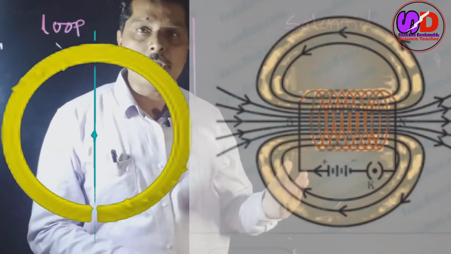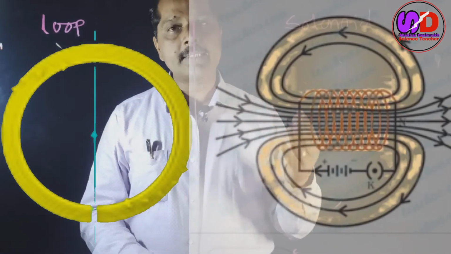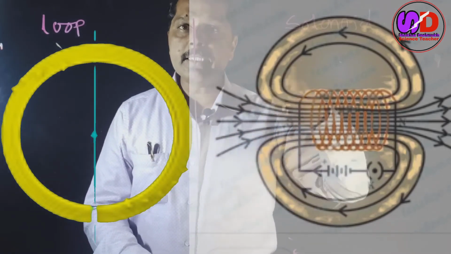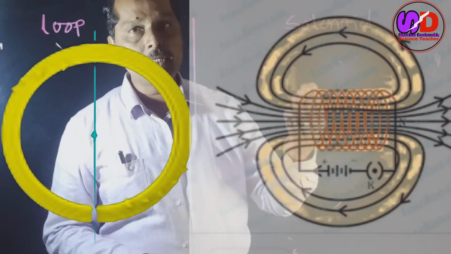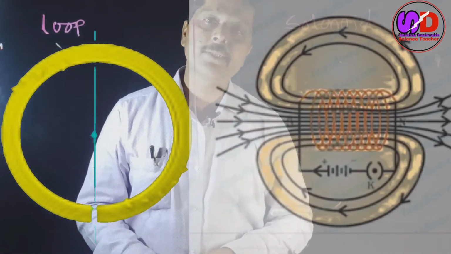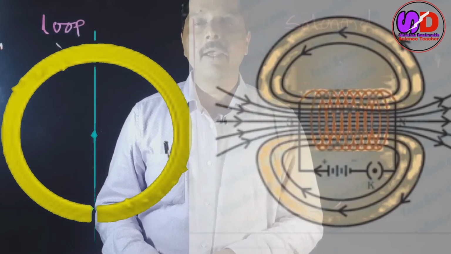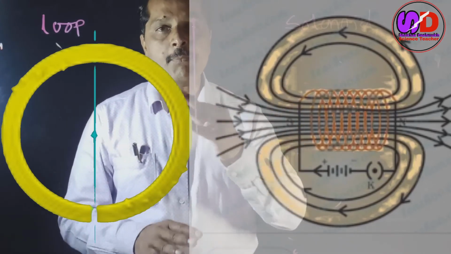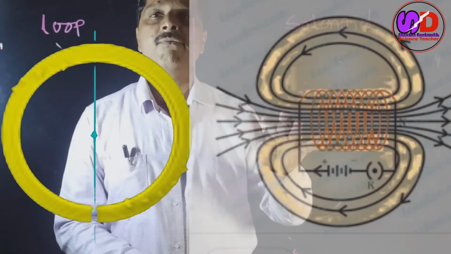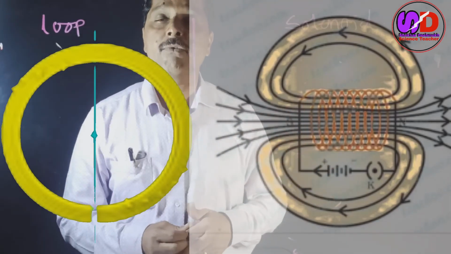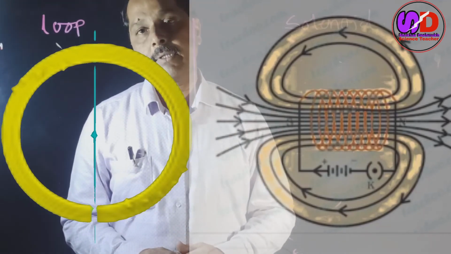In the case of a solenoid, by increasing the number of loops again, we can increase the magnetic field, and it is similar to the magnetic field produced by a bar magnet that we learned in 8th standard.